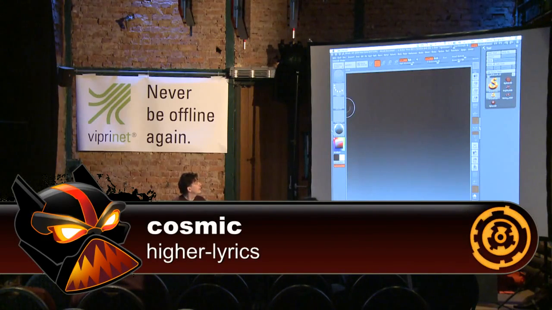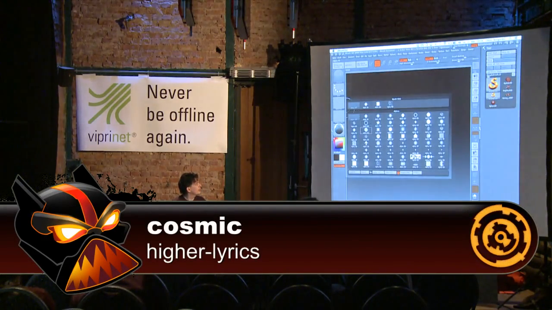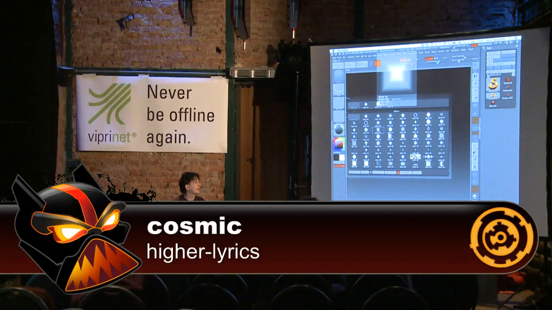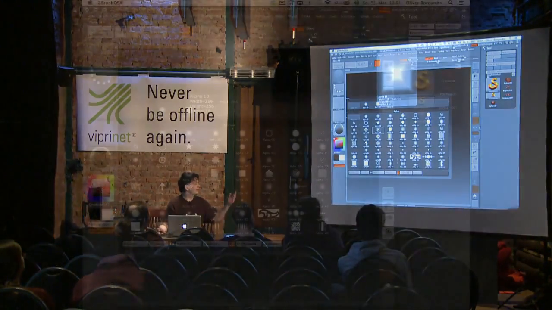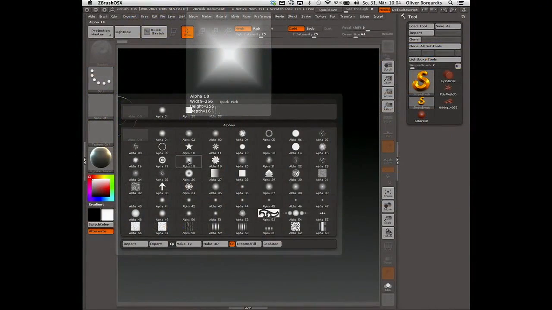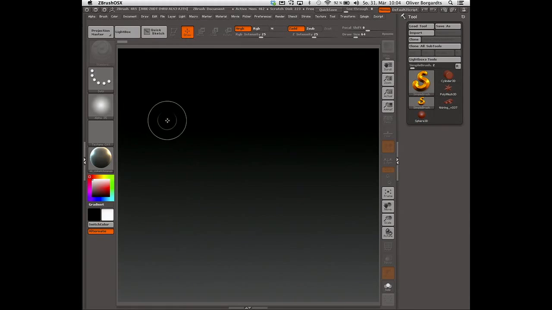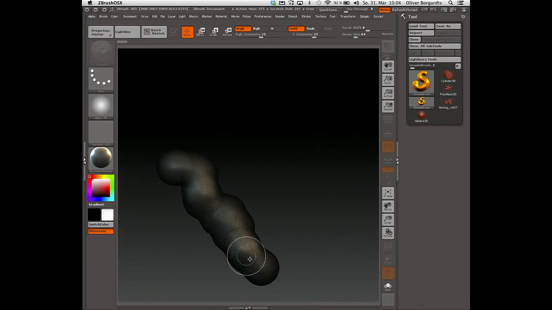For example, if I take an alpha brush, alphas are grayscale images, and those areas that are brighter have more material applied onto the canvas than the darker ones. For example, I paint with this color and this material and this alpha onto the canvas, and you get a depth like painting with oil on a canvas. That's the basic concept of ZBrush, where it started.